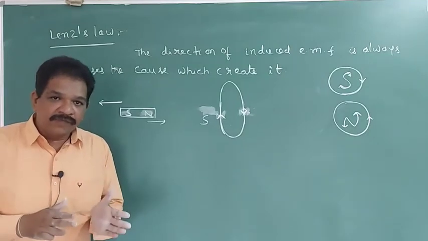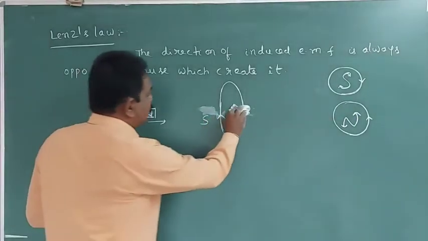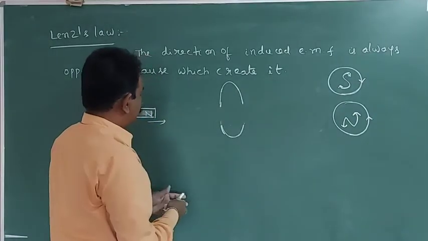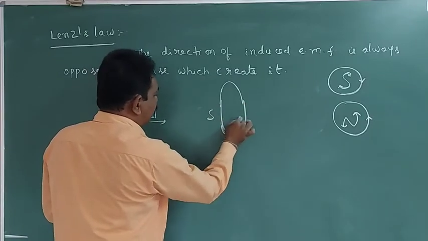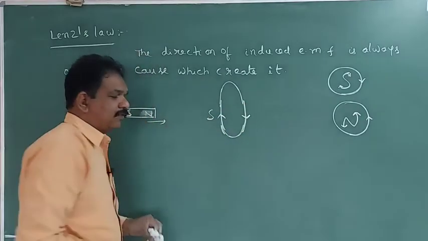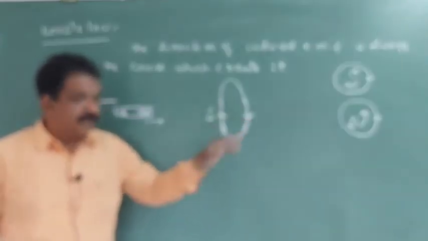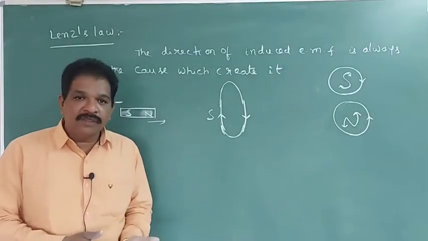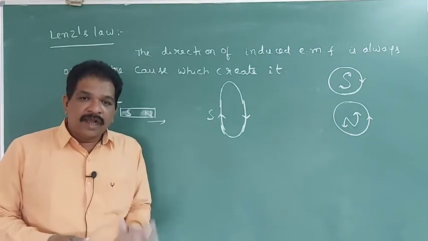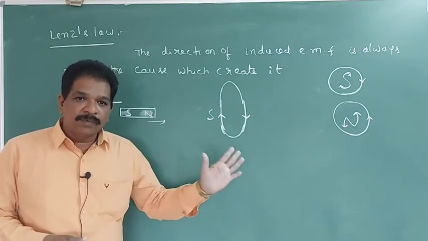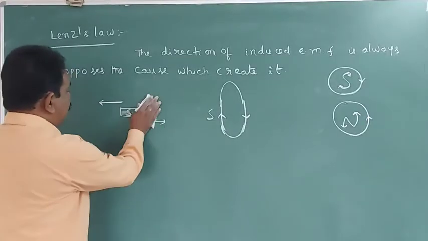So because of whichever reason that EMF is produced, the direction of that EMF will always try to oppose that reason. That is Lenz's law. Understanding?